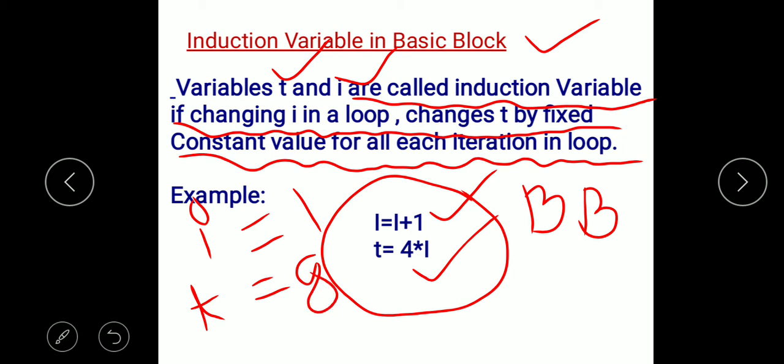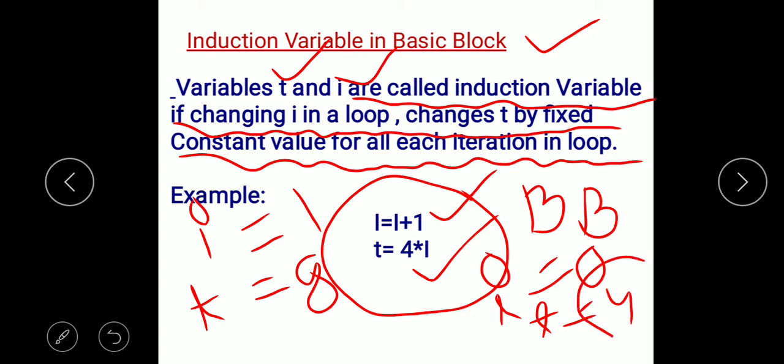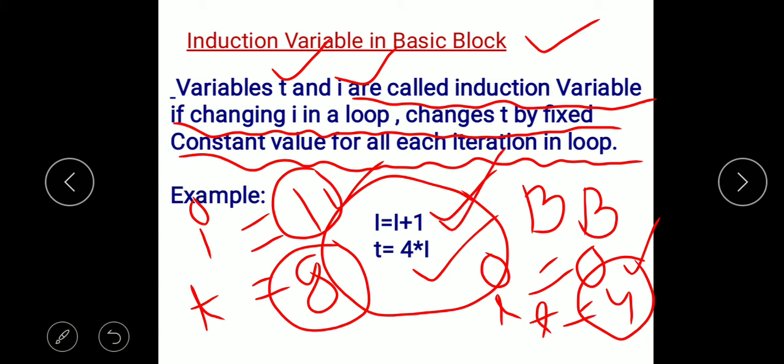We have already seen that for I equals 0, t was 4, and for I equals 1, t is 8. So every time the value of I is incremented, the value of t is incremented by 4.